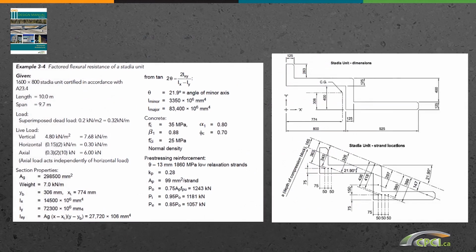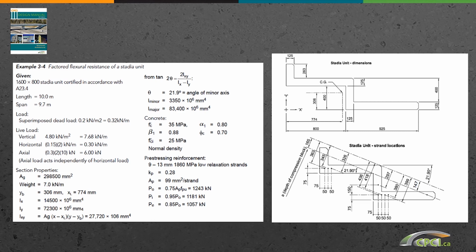And this here is a stadia, another example that I like to emphasize a little bit, because we always use those stadium elements everywhere now in the precast concrete industry. The problem with the stadia element is it's not symmetrical, so we need to do some analysis first, some math. We need to calculate the major axes of inertia, minimum and maximum, using the old formulae of minimum and maximum inertia.